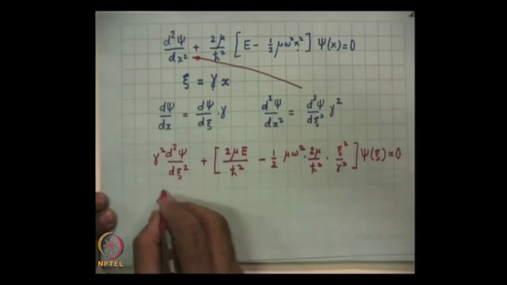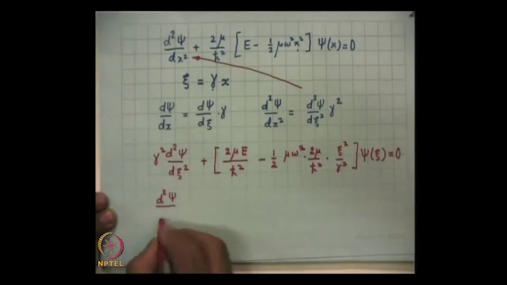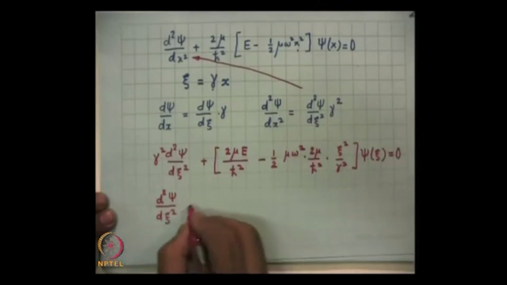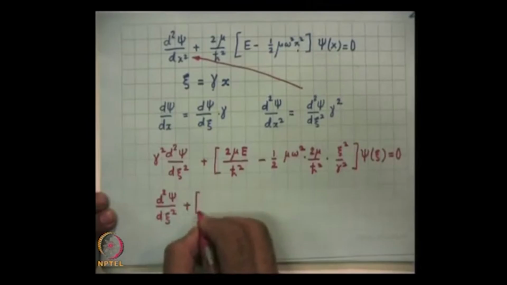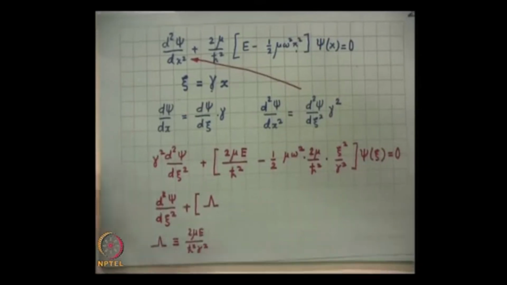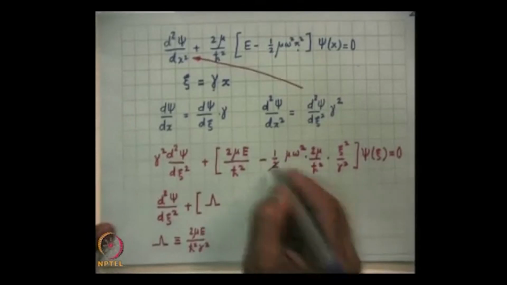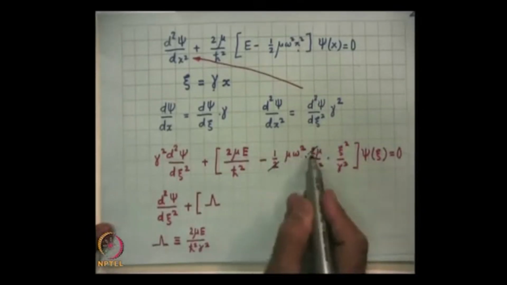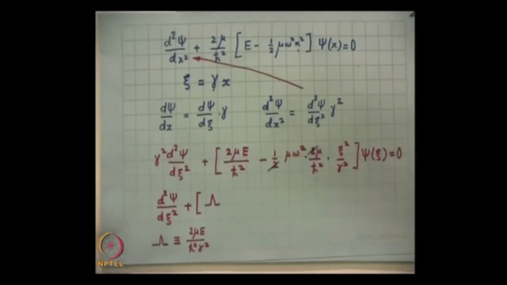If I divide the whole equation by gamma square, I will get d2 psi by d xi square plus, let us suppose I write this as lambda, where lambda is defined to be equal to 2 mu E by h cross square gamma square. Then if you see this carefully, 2 cancels out, mu square omega square by h cross square.